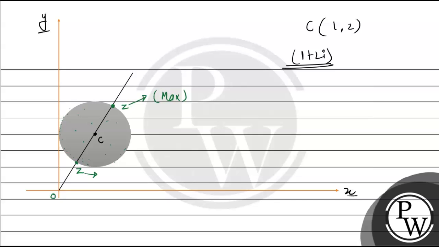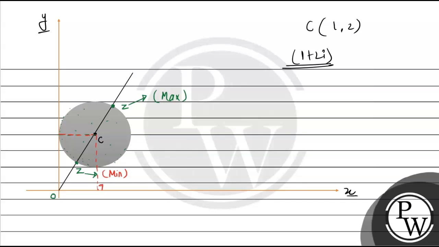Now we have to find the magnitude of this minimum and maximum z. So for that I will try to make more construction here in our graph. So this one will be the points, right? This one will be the point here like this, and this one perpendicular from center to x-axis.